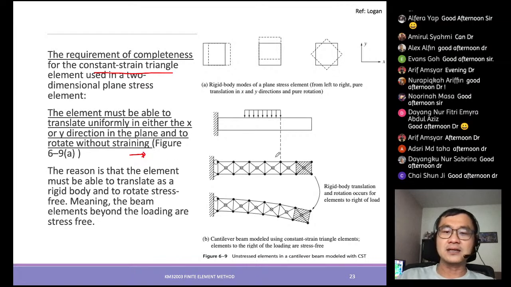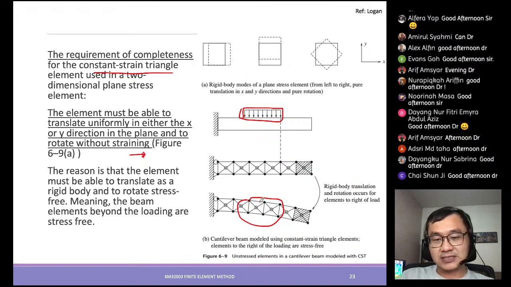So based on that idea, if the load is only acting on this particular segment, then only these segments of the element may deform. You can see that this one is longer than the bottom, whereas originally they had the same length, but because of this part they are undergoing straining.